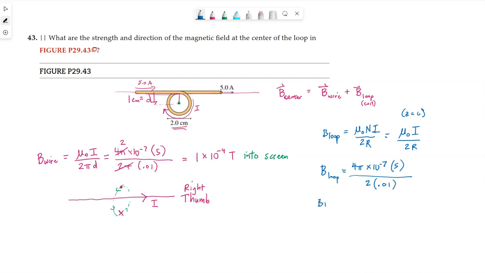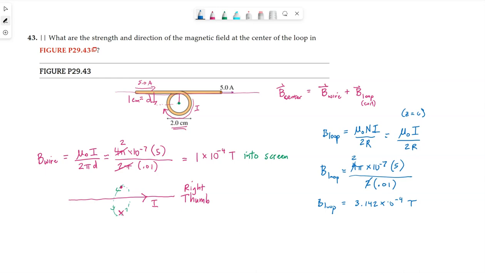So B of the loop, I'm getting 3.142 times 10 to the negative 4 Teslas. Now this number's bigger, just over 3 times bigger than the wire, which hopefully makes sense.